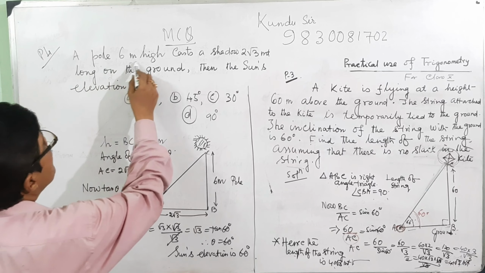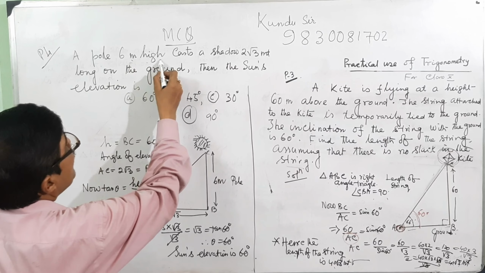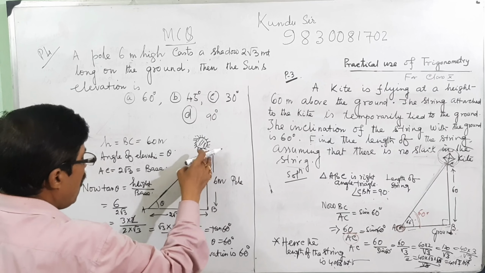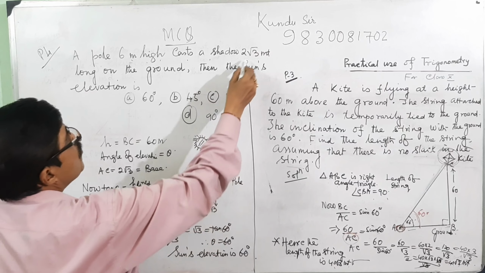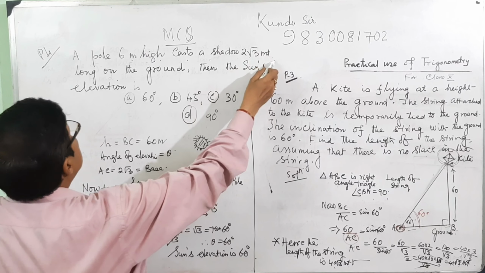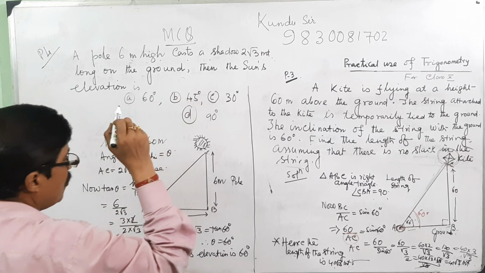A pole of 6 meter height casts a shadow due to the sun, 2 root 3 meter long on the ground.